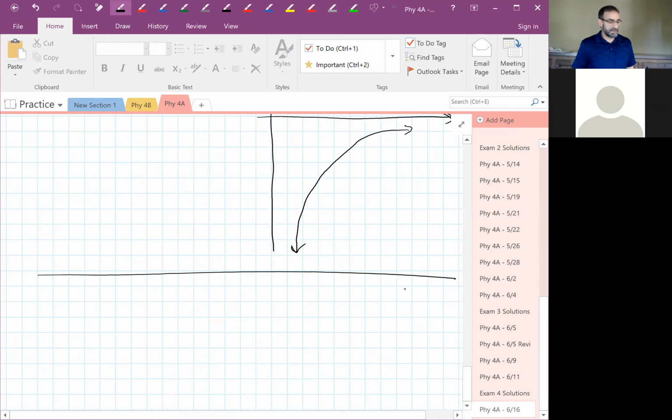Maybe we just need to do an example. Let's do a quick example here of how we use energy.